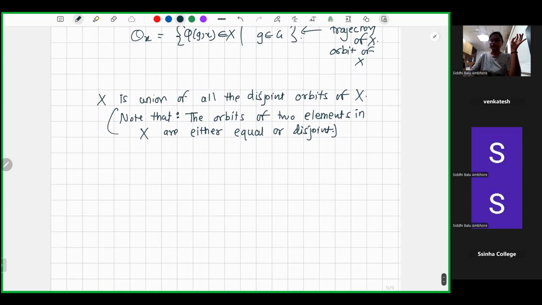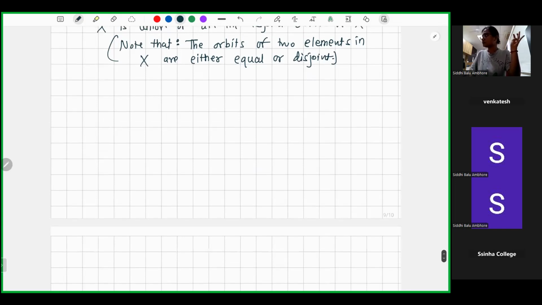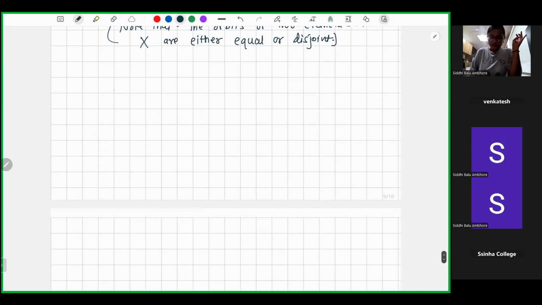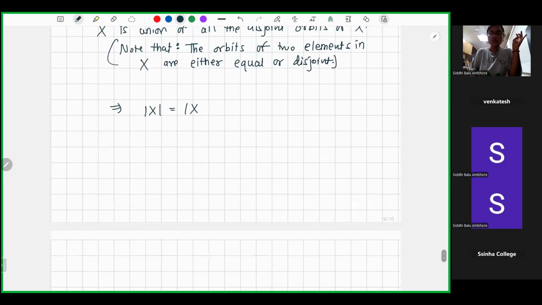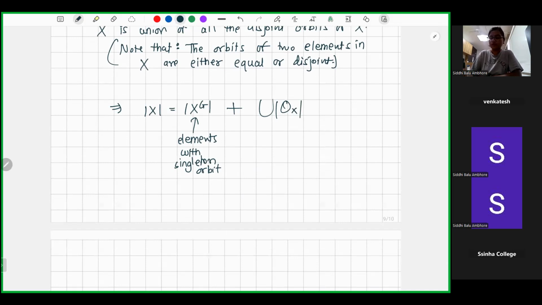And so using this, X becomes the collection of all elements with singleton orbit, plus the union of the cardinalities of the orbits of x, such that x belongs to F. This F is finite because X itself is finite. Is this okay?